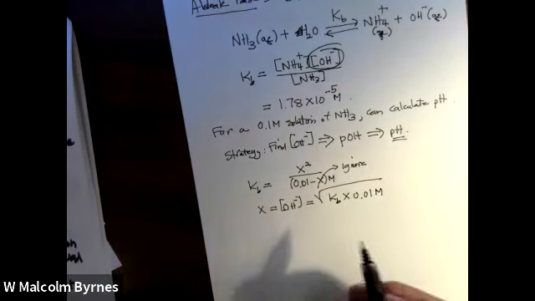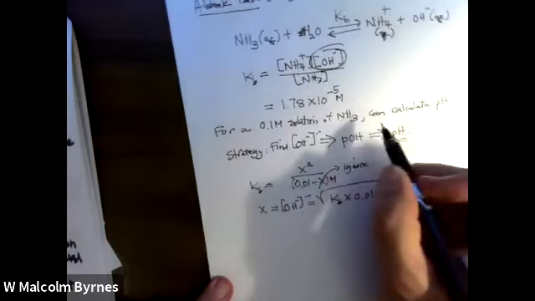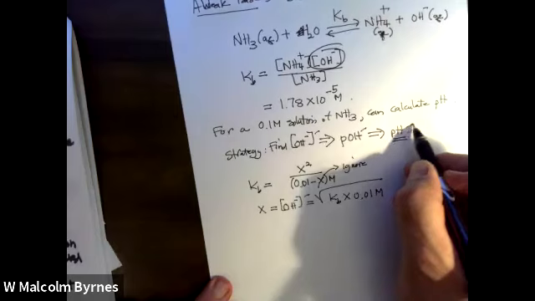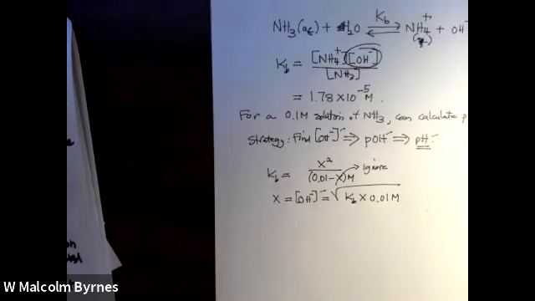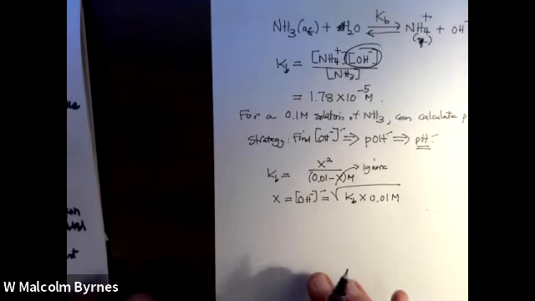And so again, once you find OH minus, then you find the negative log of that, and then you subtract that from 14 to get pH. So that's how you would find the pH of a solution of a weak base.